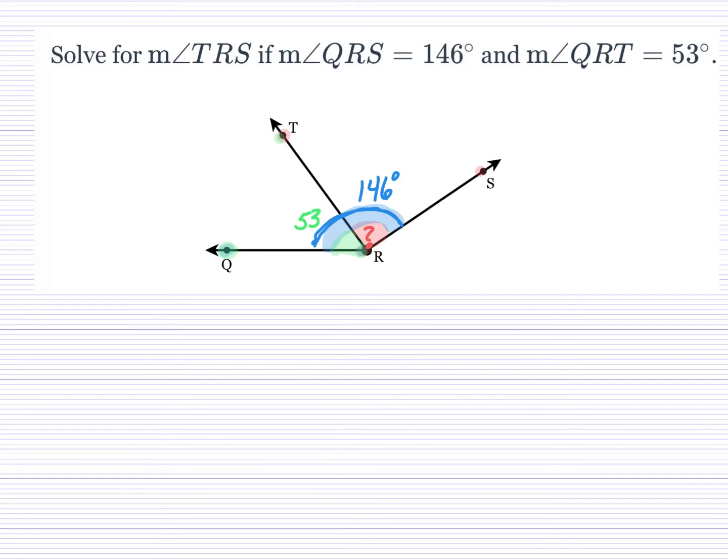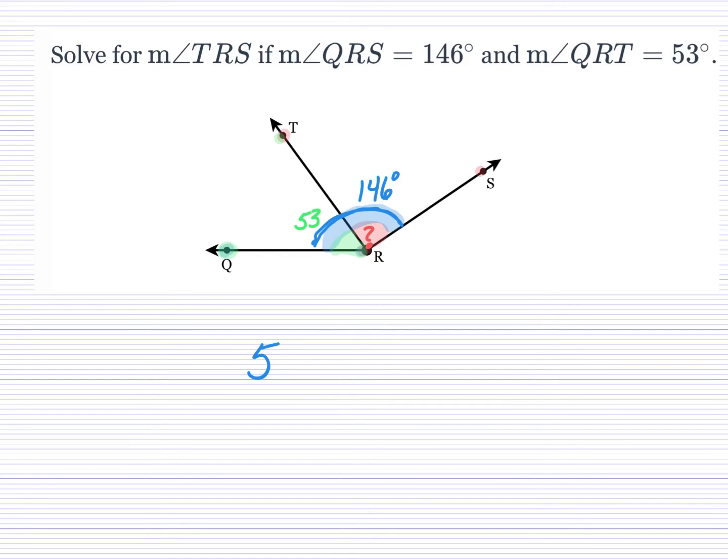So what we have is the largest angle, QRS, and we have the smaller angle, QRT, and then we have to take that away from our larger angle to find the remaining angle, because the two parts of our angle need to be equal to the larger piece.